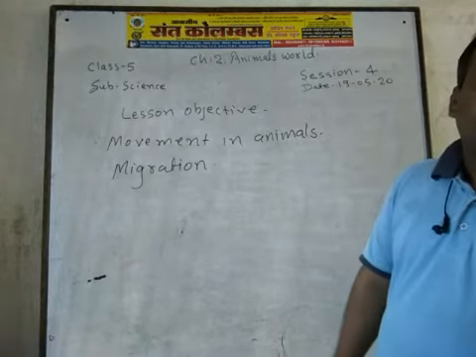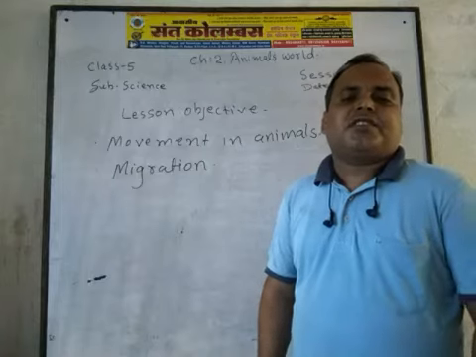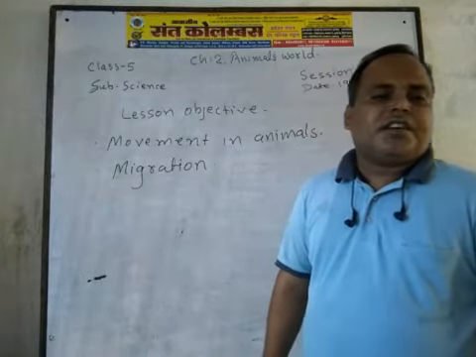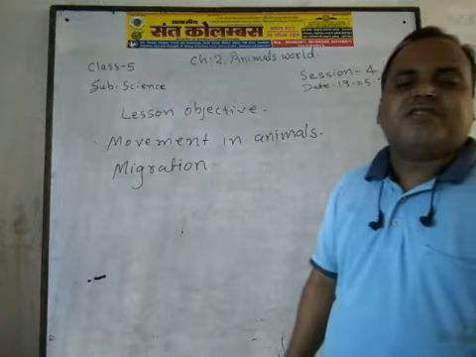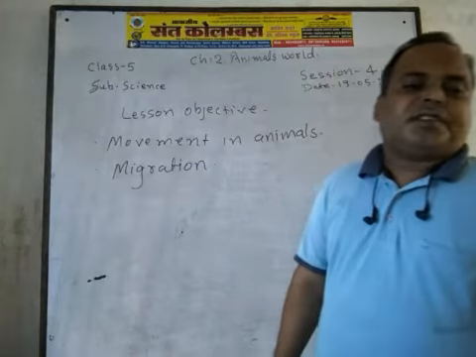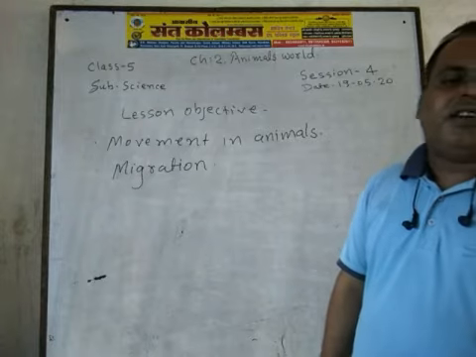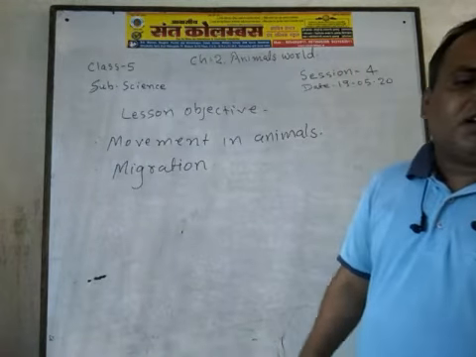For example, the bird Arctic tern makes the longest migration from the Arctic Circle to the Antarctic Circle and back to the Arctic Circle.